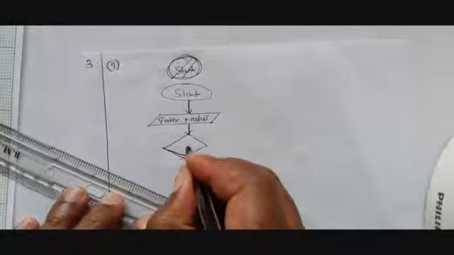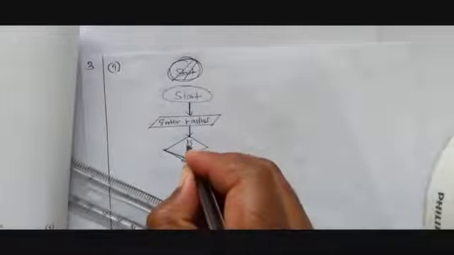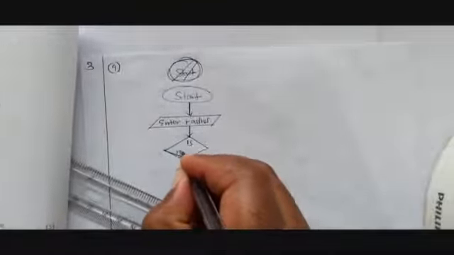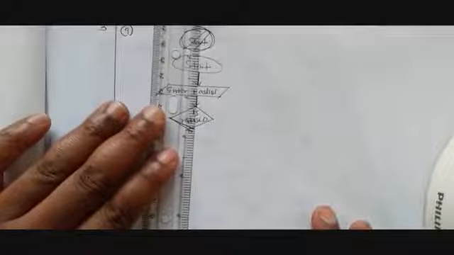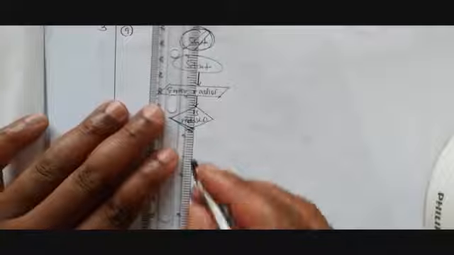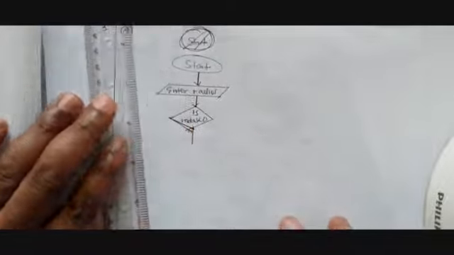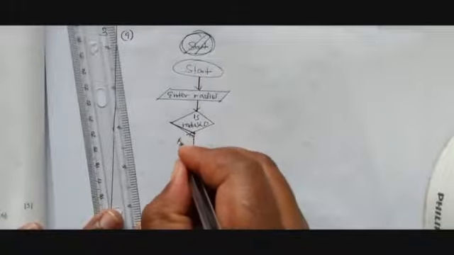Instead of saying if, we say is. Here we put a question: is the radius less than 0? It's either yes, it is less than 0, or no, it is not. If it's not less than 0, what should we do? And if it is less than 0, what happens?